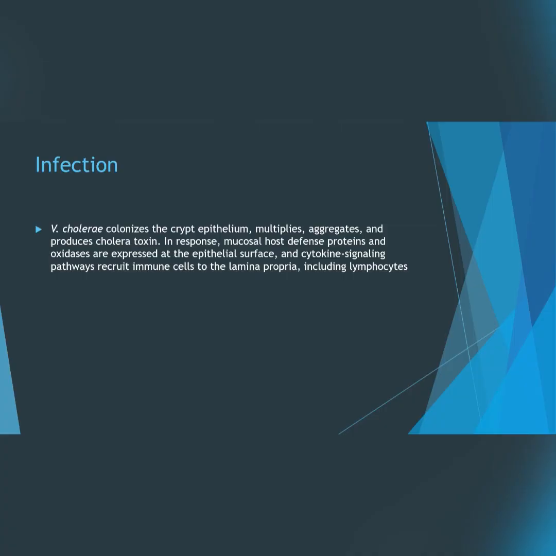So how do you get infected? The Vibrio cholerae in this case survives the gastric juice and the acidic environment of the stomach, colonizes the crypt epithelium, multiplies, and produces cholera toxin.